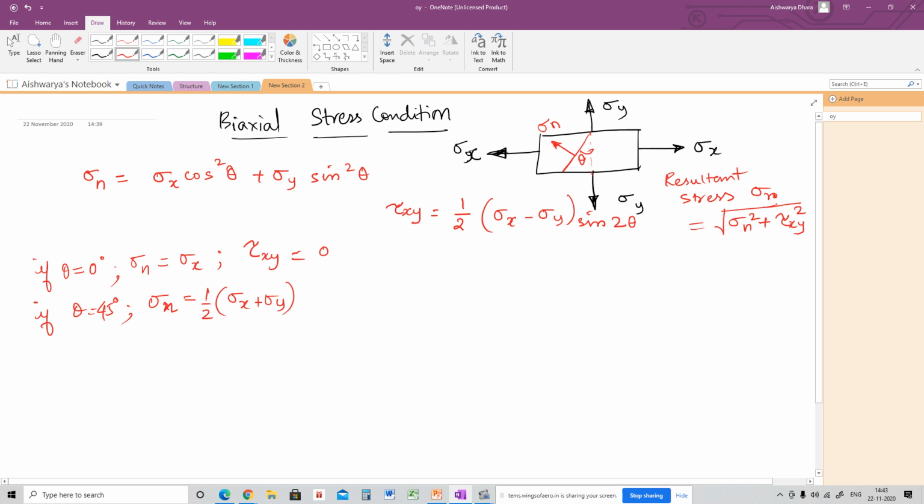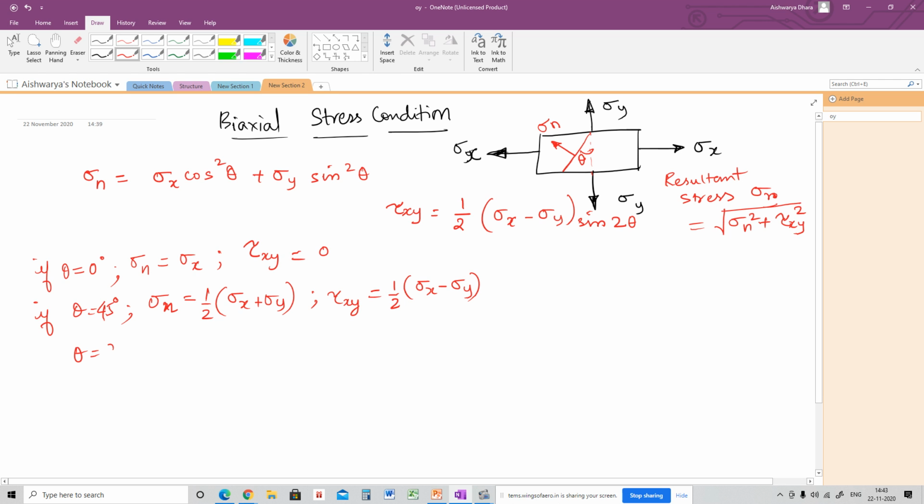Then tau xy is sigma x minus sigma y by 2. Okay.